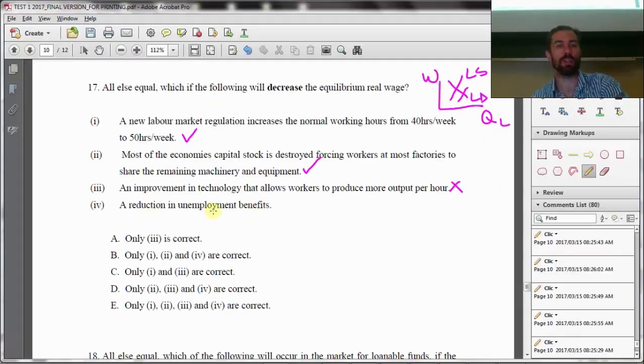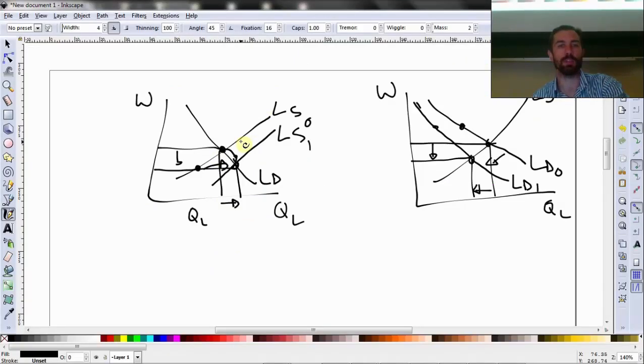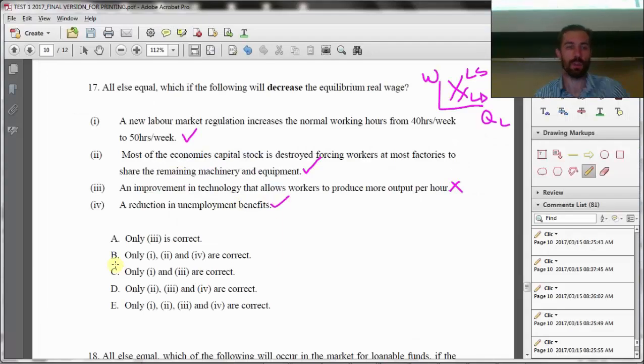So a reduction in unemployment benefits is going to shift the labor supply curve to the right. A shift to the right in labor supply lowers the real wage. So the answer would be 17B. Okay.